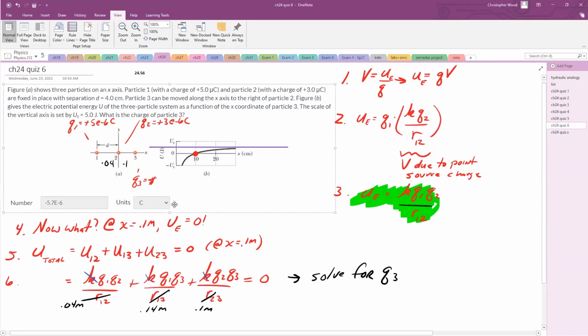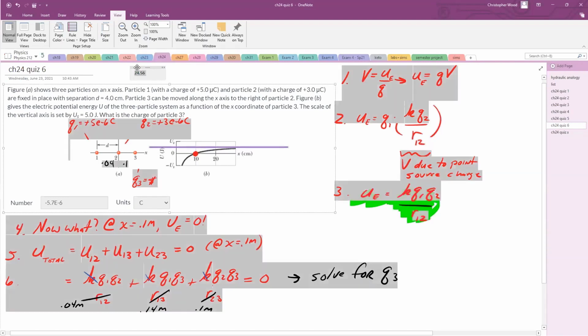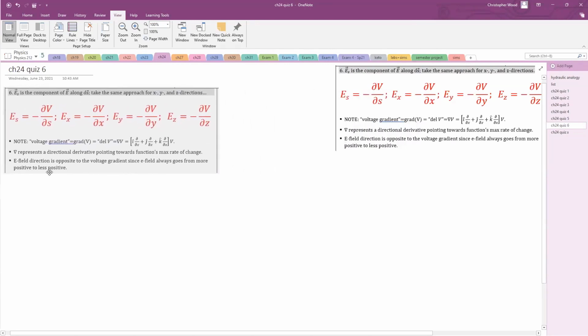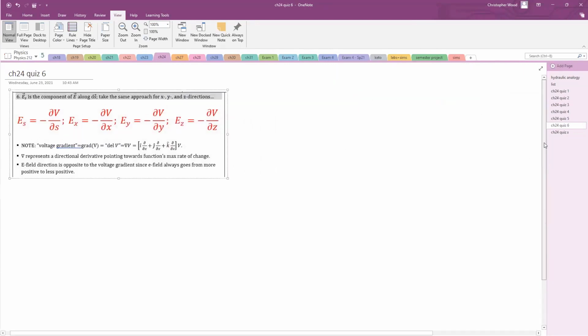Okay. And this is a potential energy problem. Let me get rid of this clutter. All right. So in many ways, this is like the other. Well, there's 2456. Oh, I didn't want that one.